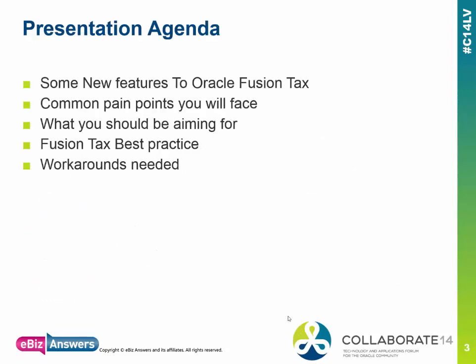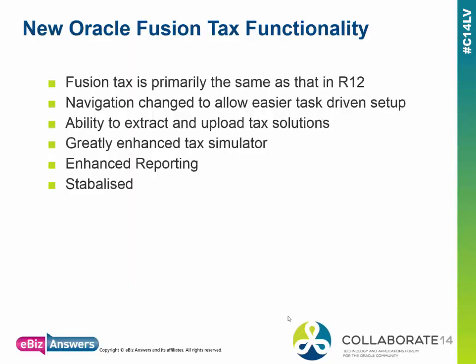So I'm going to cover some of the new features to the Oracle Fusion Tax, some of the pain points you're going to find with a tax solution, what you should be aiming for, Fusion Tax best practice, and in reality it's whether it's EB Tax in R12 or Fusion Tax, it's the same best practice in reality, and then potentially some workarounds needed. So let's go and have a look at some new functionality.